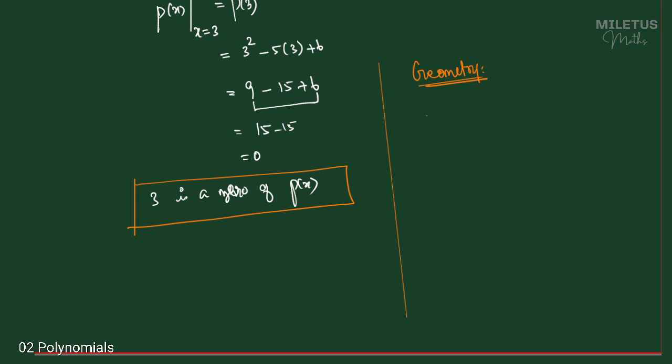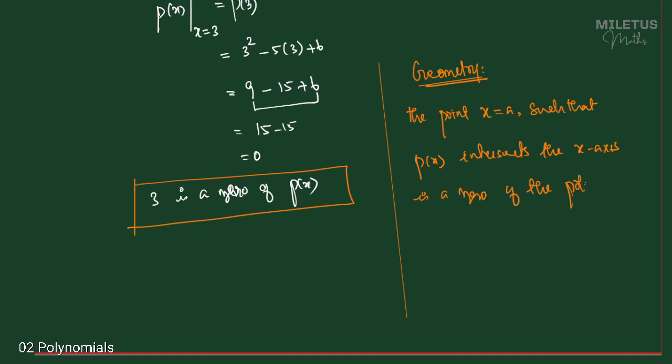So what is the geometry? It's simple. The point x equal to a such that p of x intersects the x-axis is a zero of the polynomial p of x.